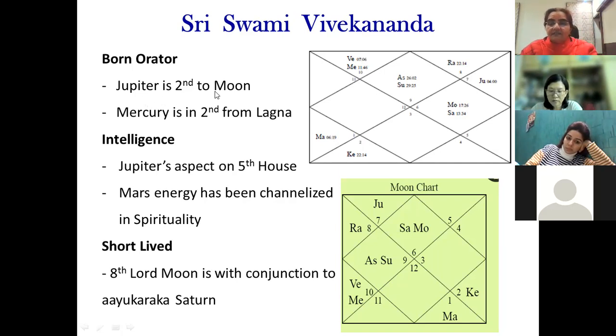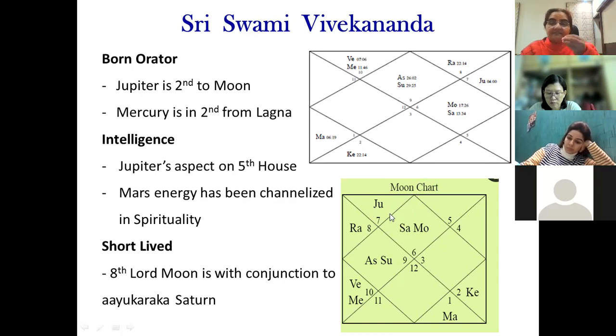Now Jupiter. How will you see the chart? You can imagine we need to spend 2-3 days just to understand the chart because all these 3-4 charts are important. Now he has Jupiter second from the Moon. Then there is the Moon chart. From the Moon chart, if we see, Jupiter is in the second.